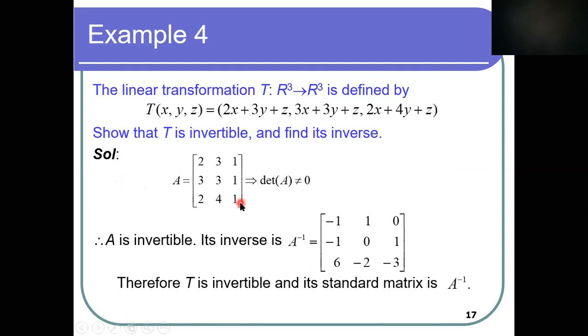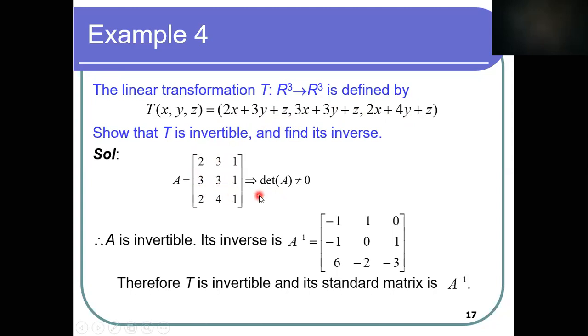So dear student, let us find the inverse transformation of this linear transformation from R3 to R3. Let us find the matrix of transformation corresponding to this linear transformation. Since we make the transformation from this, the matrix of transformation is this one.